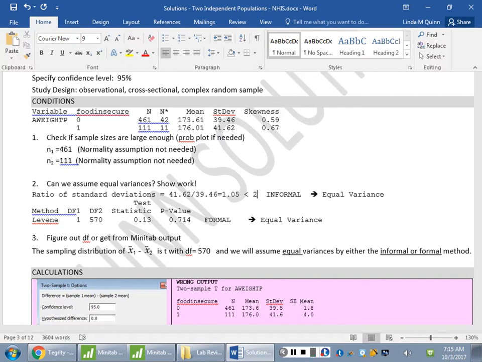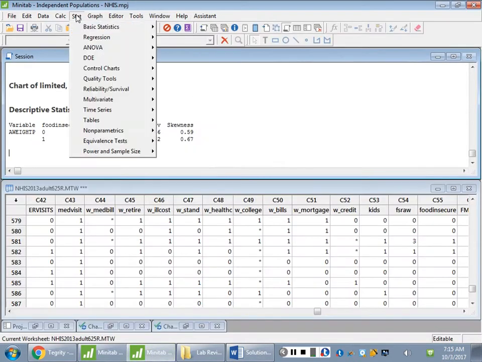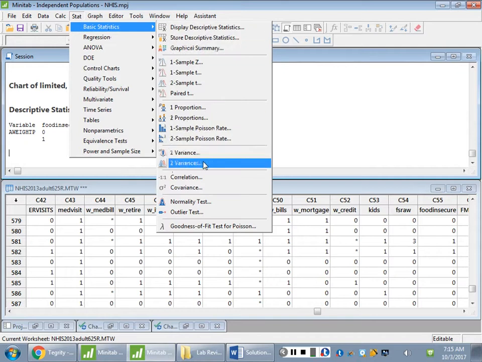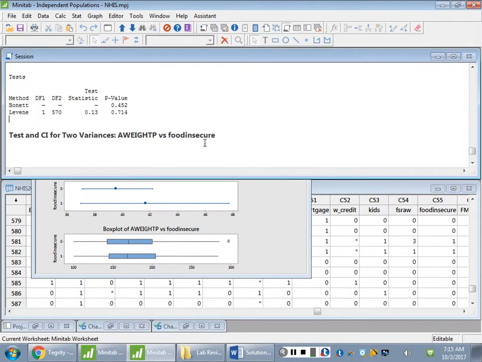Just for kicks, just to show you, I decided to do the formal test as well. For the formal test, we would go under Stat, Basic Statistics, 2 Variances. We pick our variable, which is weight, and break it down by our explanatory variable, which is food insecure. We say OK, and the piece that's important to us is the Levene's p-value.